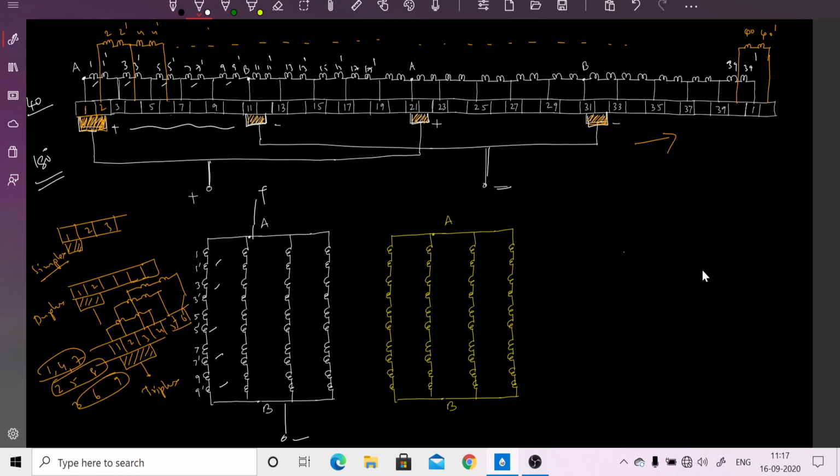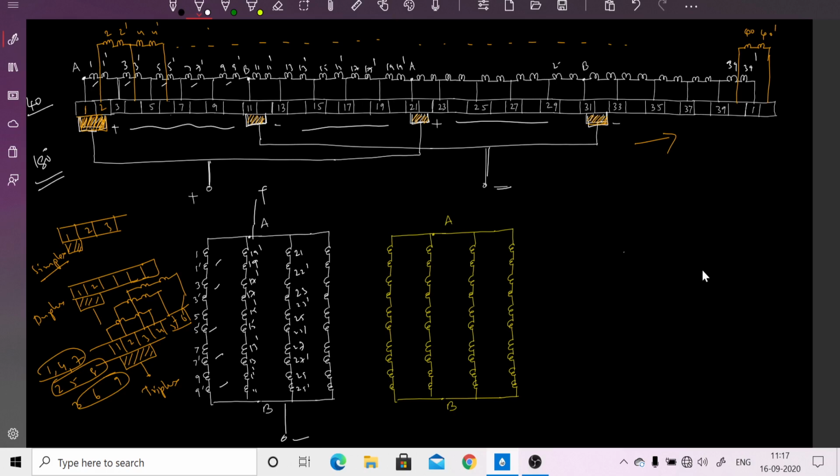Again from negative to positive, this is 11, 11 dash, 13, 13 dash, 15, 15 dash, 17, 17 dash, 19, 19 dash, up to here 19, 19 dash. Now again from plus to minus, this is 21, 21 dash, 23, 23 dash, 25, 25 dash, 27, 27 dash, 29, 29 dash.